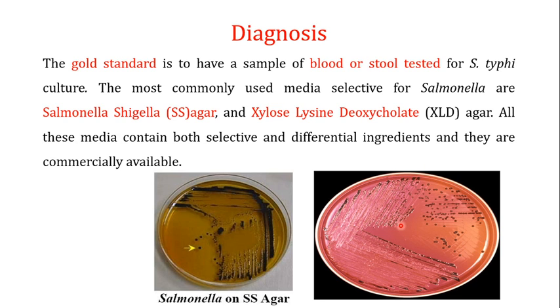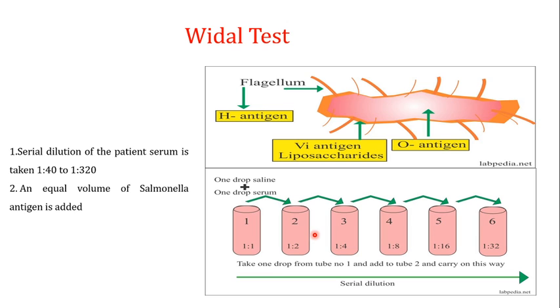And then you have another important media which is known as the Xylose Lysine Deoxycholate. You can use both of them because both are commercially available and act as selective and differential media for the growth of Salmonella typhi. So the gold standard is the blood or the stool culture.